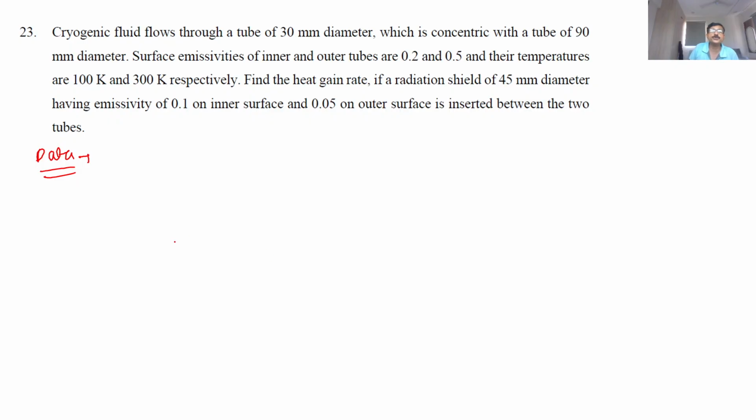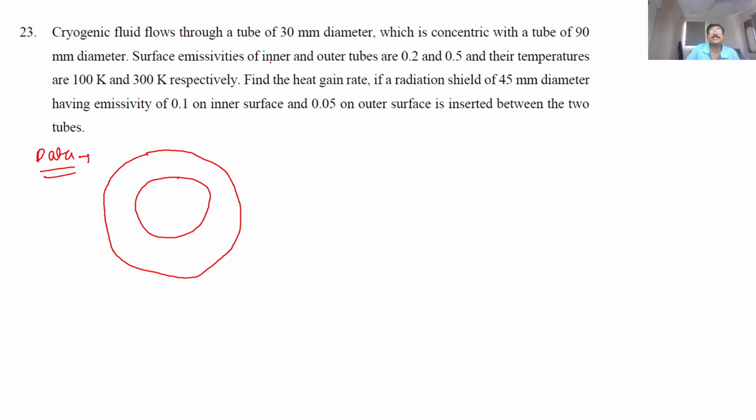So there are two tubes. Concentric means one is covered by the other and the center is the same. So you know which formula we need to use, just like the last formula. One body is enclosed in another body. One tube is covered by the other tube.